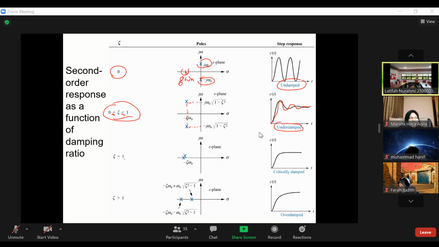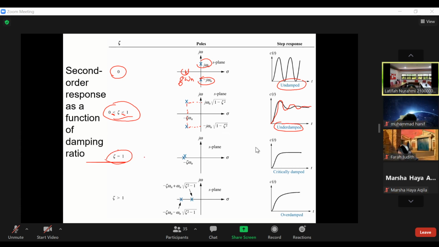And the next category is zeta equal to 1. In zeta equal to 1, zeta is exactly 1. We call this critically damped. So in zeta equal to 1, you have a twin factor. The factors are twin, zeta omega n, and it doesn't have omega d.